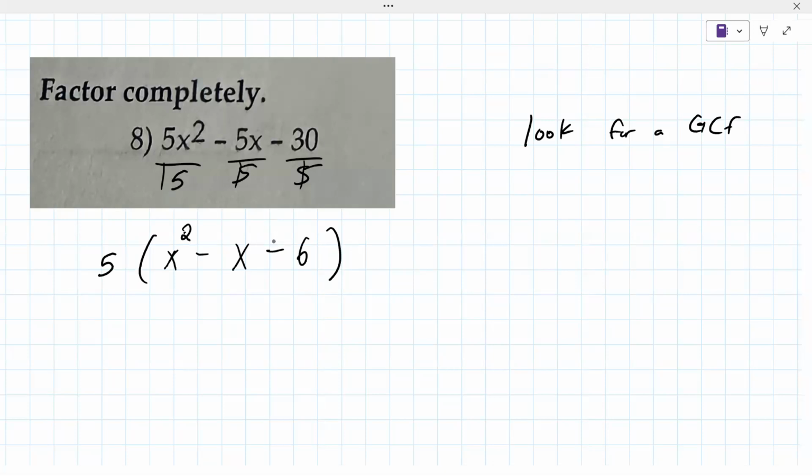Okay, can you try factoring this now? You're looking for two numbers that multiply to -6, but they have to add to -1.